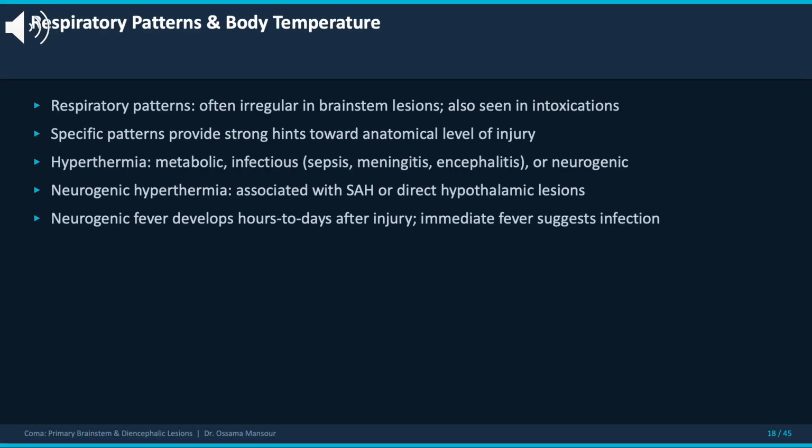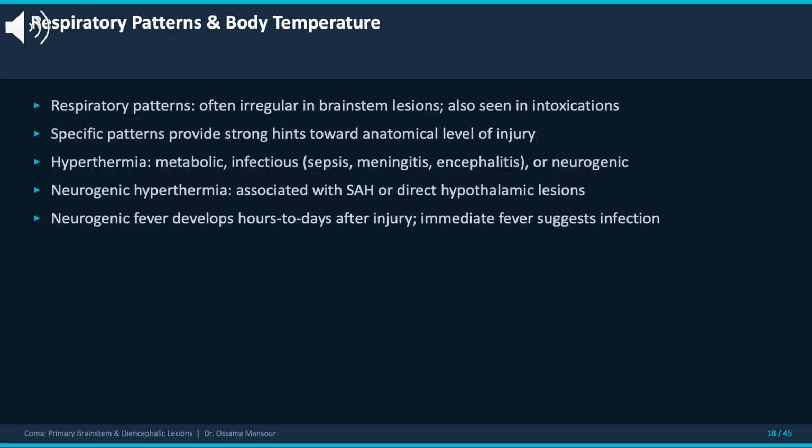Continuing with the initial assessment, respiratory patterns provide valuable localizing information in comatose patients. Respiratory patterns are often irregular in patients with brainstem lesions, though importantly, they can also manifest in cases of intoxication with certain drugs.